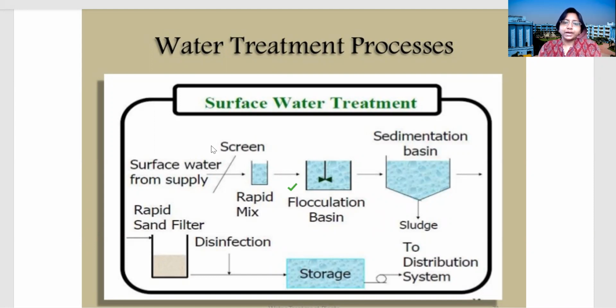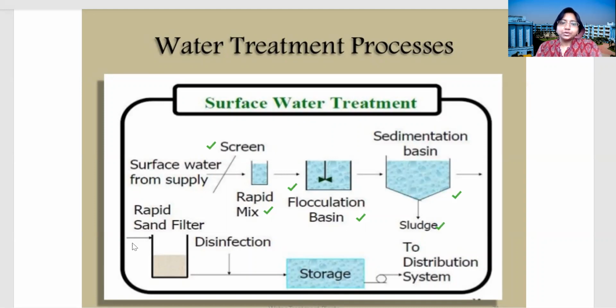So the first part is screening, which you have learned. Then rapid mixing, where we add the coagulant. Then the flocculation basin, and after that sedimentation. At the end of the sedimentation tank, we get solid plus water; what is precipitated down is basically called sludge.